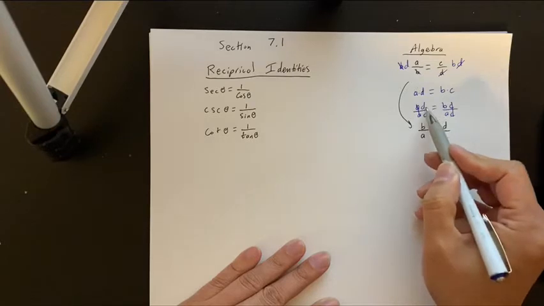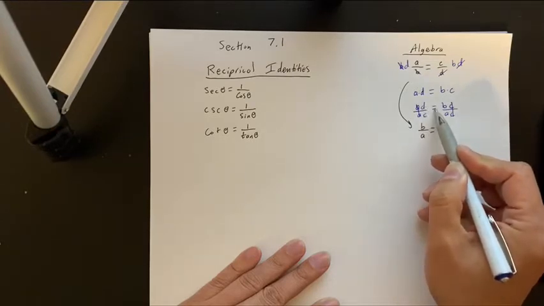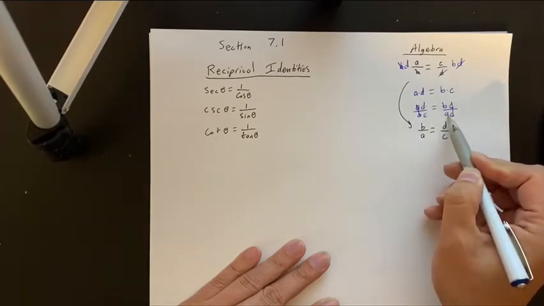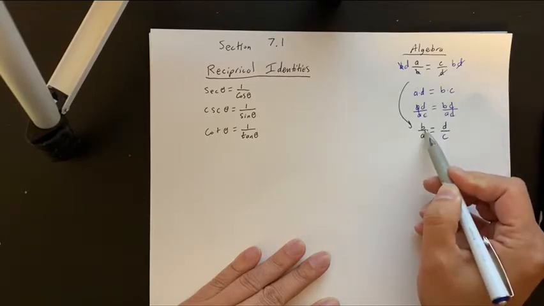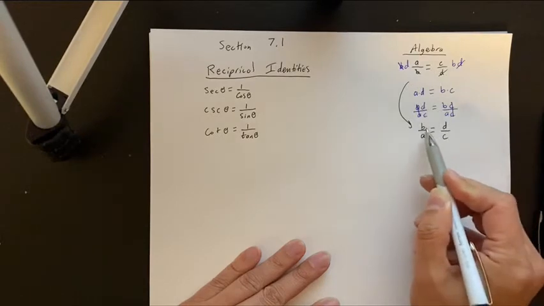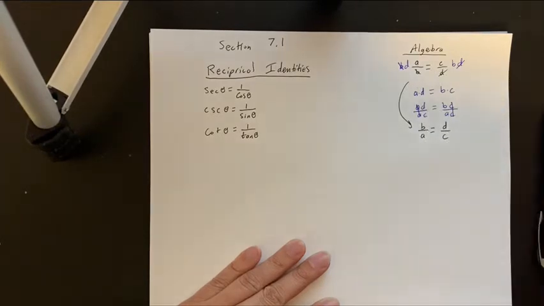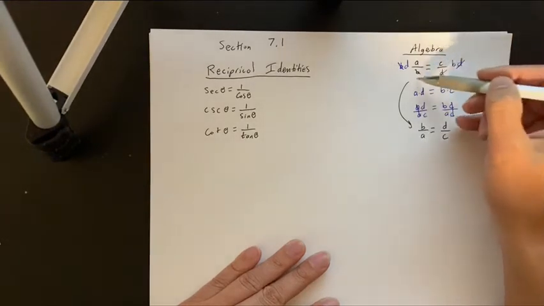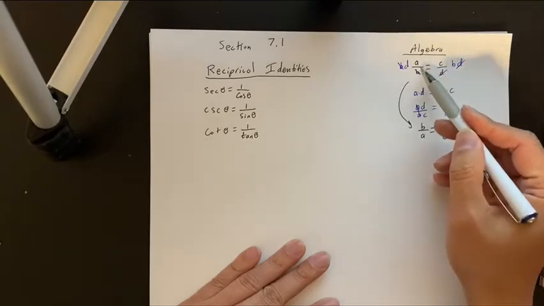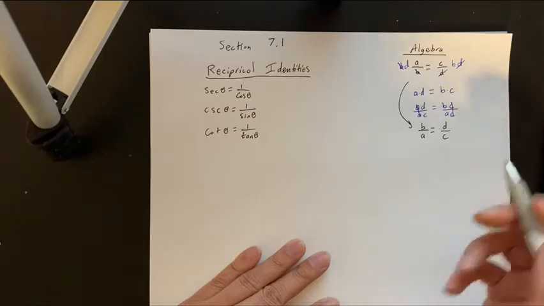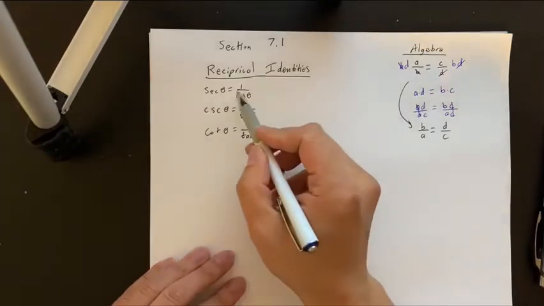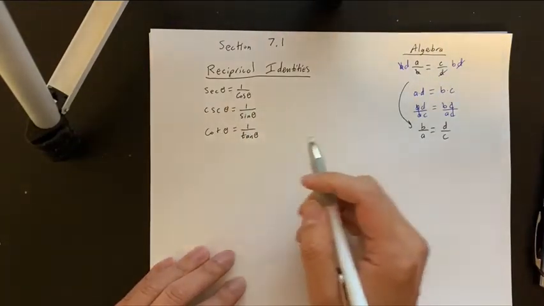So here I prove that D over C is now going to be equal to B over A, and here I'm just going to make the right to be the left and the left to be the right, and I have B over A is the same thing as D over C. So if you have two fractions that are equal, you can flip the left side, and that's the same thing as flipping the right side. And that's what we're going to do with each of these equations.